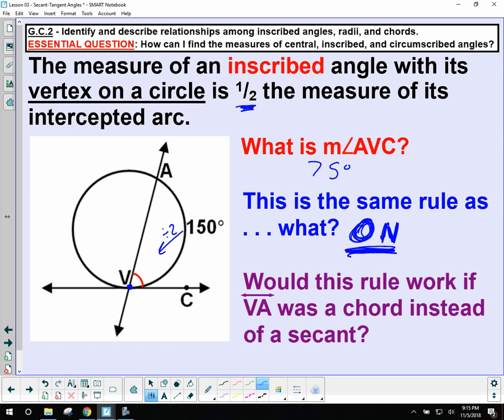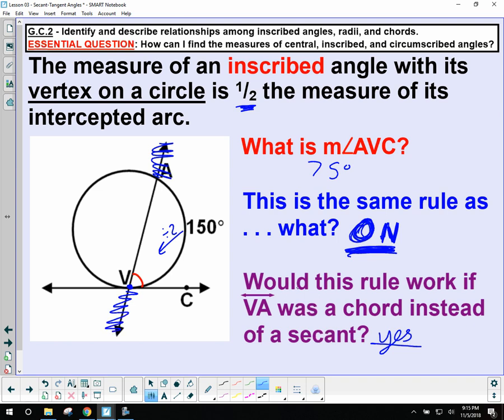With this rule, would this rule work if VA was a chord instead of a secant? Yes, because we already saw this example. I remember our examples. We literally had this chopped off at the edges of the circle. Okay, still works.